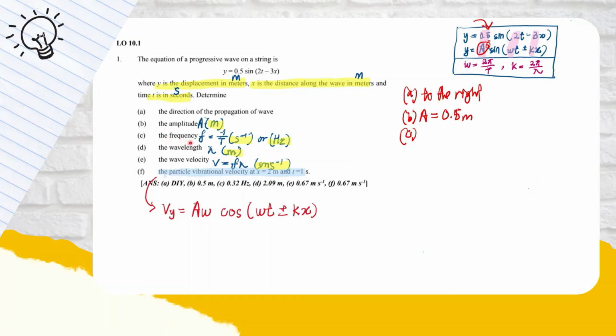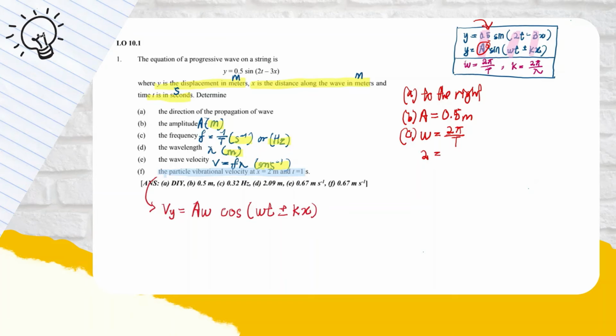the frequency. Frequency is equal to 1 over T. So now we look at the equation here. We don't have any information about the frequency, but we have the omega here, which relates to 1 over T. So we use this equation to find the frequency. Omega equal to 2 pi over T. Omega here is equal to 2.